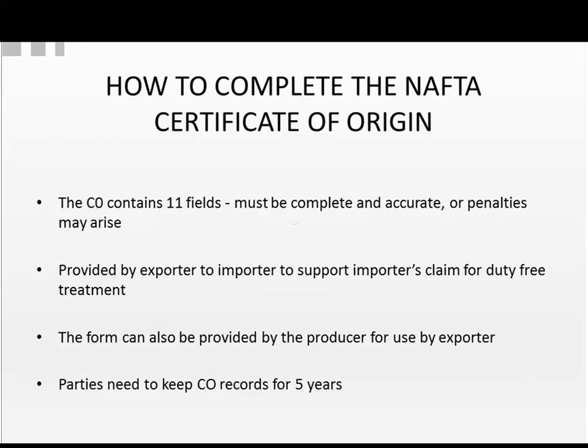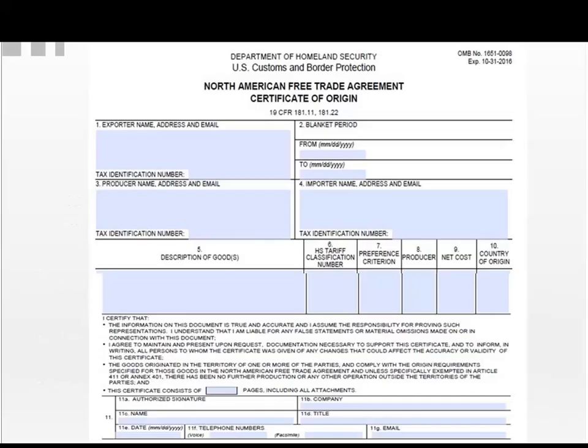All right, now we want to get into some of the details. They're actually quite easy, but we could call them details. I have included in your package of slides the actual Certificate of Origin so that you may get a sense of what it looks like and what we are talking about.